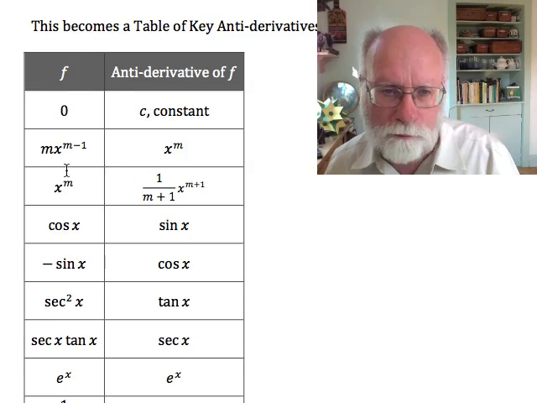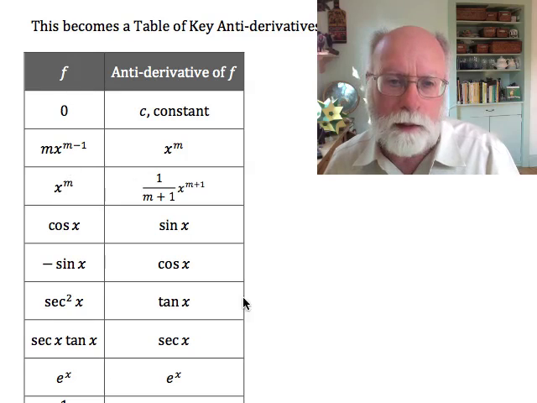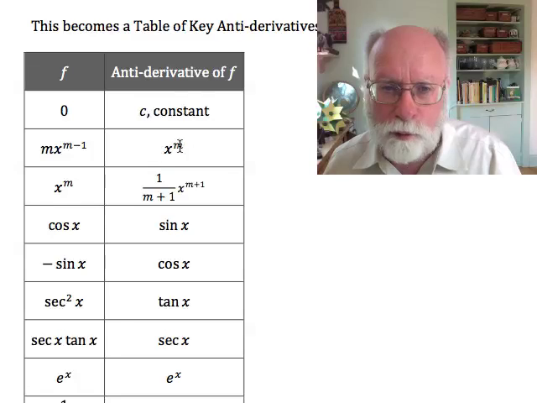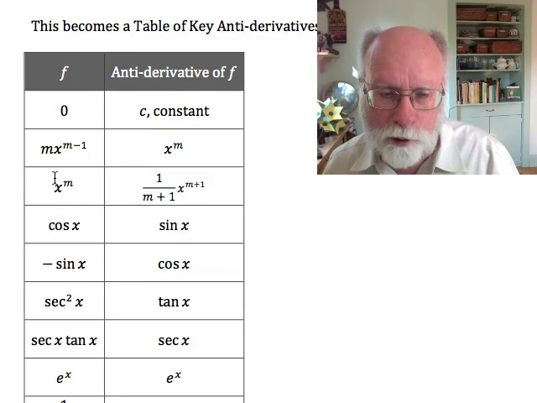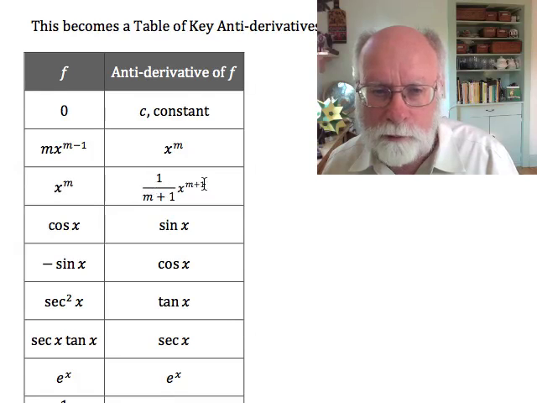There's one change I've made here. The row that corresponds to x to the m, it's useful for us to put x to the m over here in this column. So what the other table has is mx to the m minus 1, and it's more convenient for us to rewrite that row.